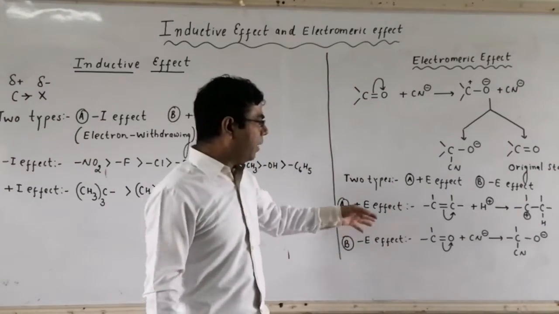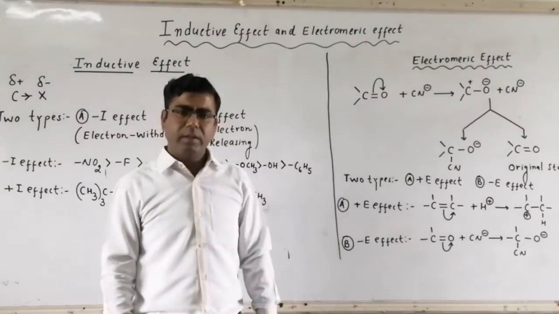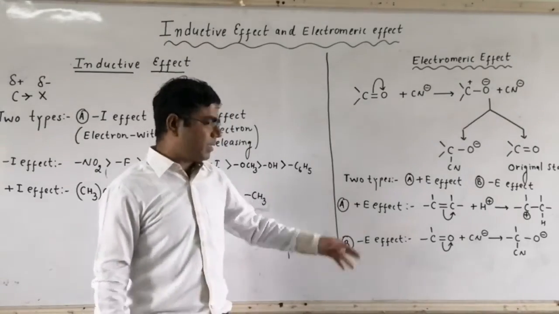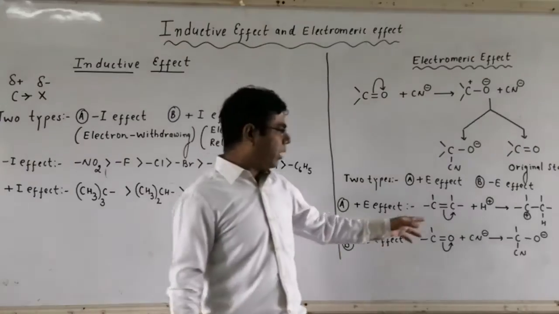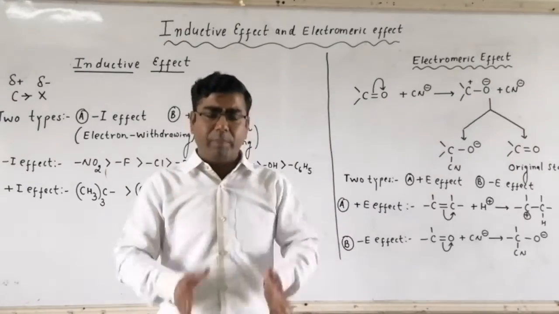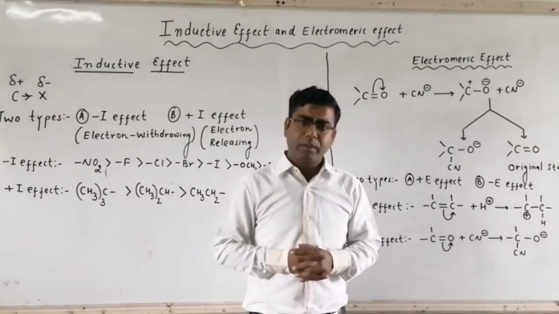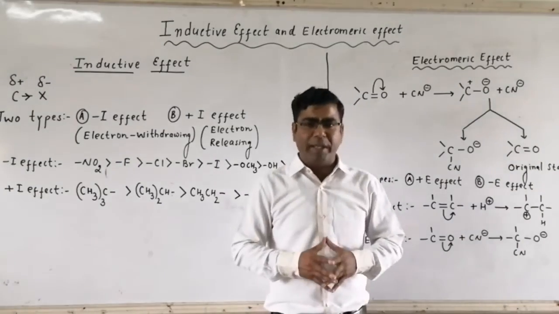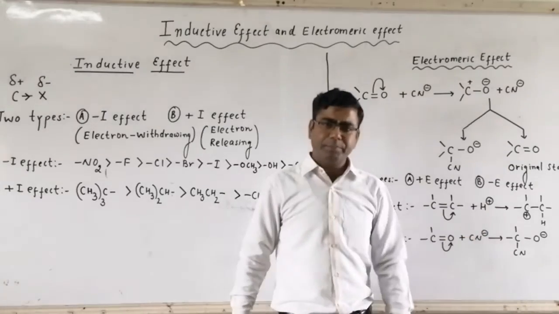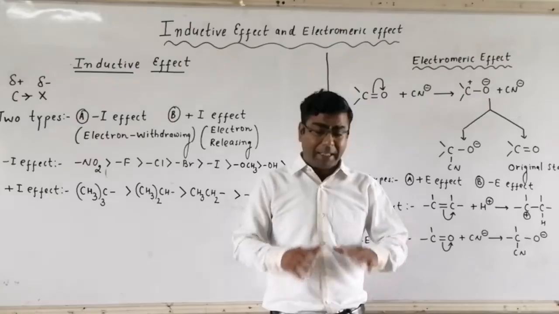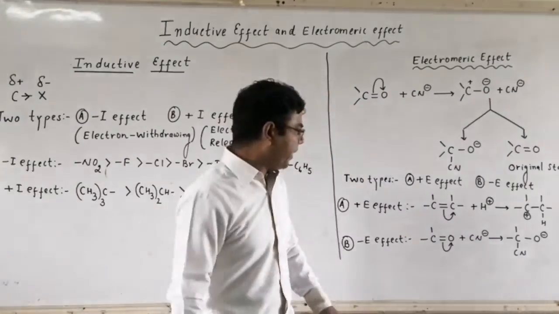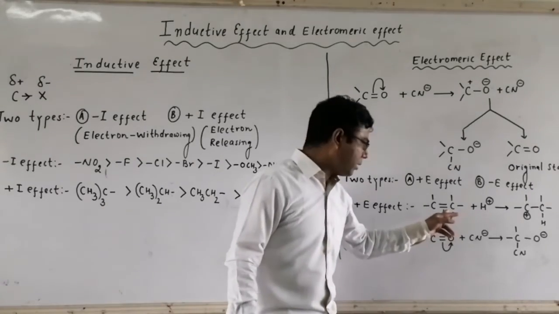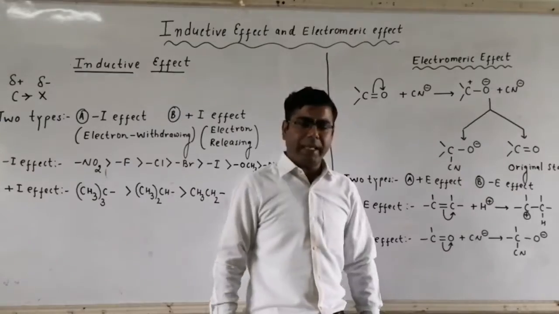Now, it is also of two types, plus C effect and minus C effect. A very simple difference is there. Let us say plus C effect first. There is a double bond between carbon-carbon atoms, and we need the presence of a double bond for electromagnetic effect. And let us say H plus ion is coming for the chemical reaction, or it is the attacking reagent here. So in presence of H plus ion, electromagnetic effect will operate between carbon-carbon. So pi electrons will be shifted towards one of the carbon atoms.